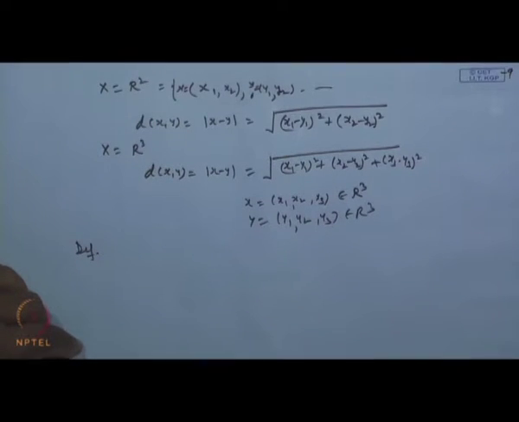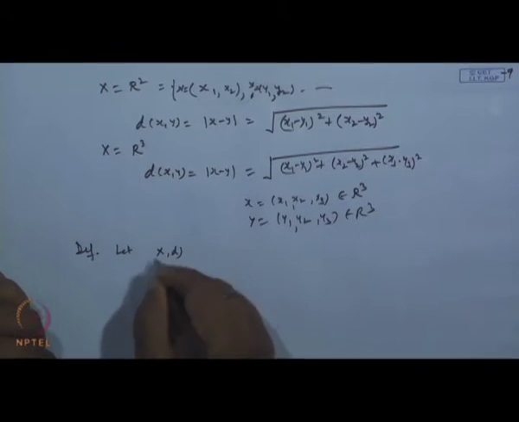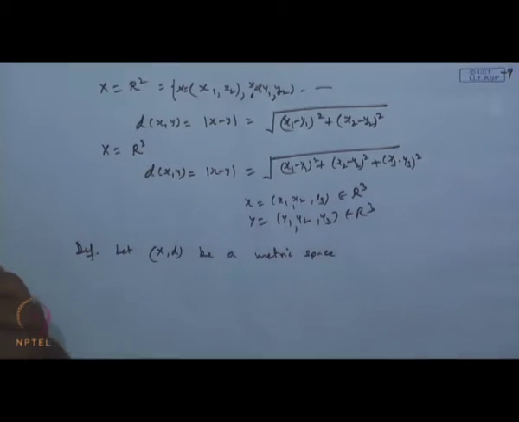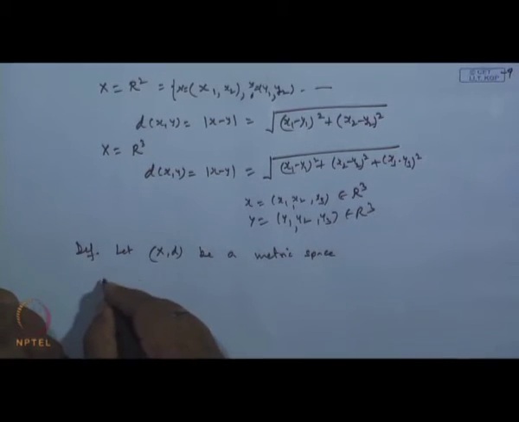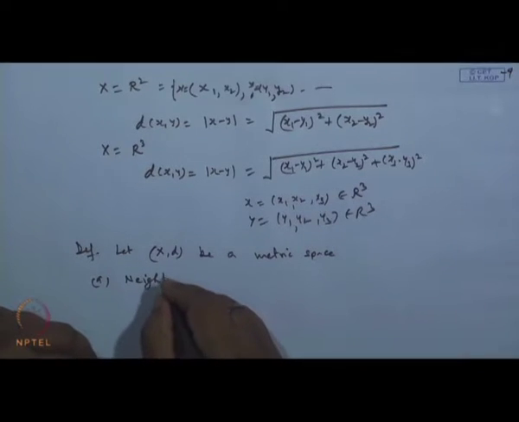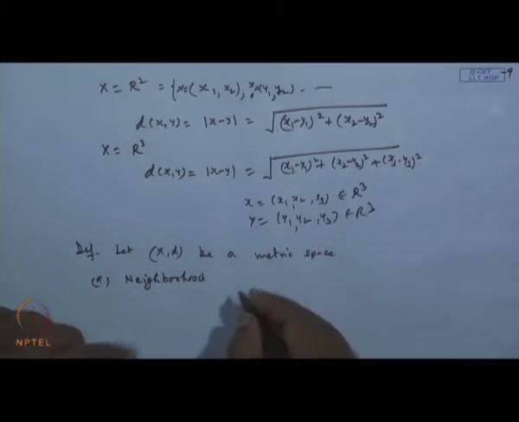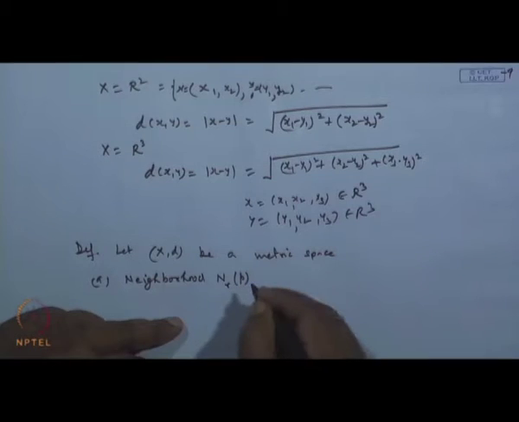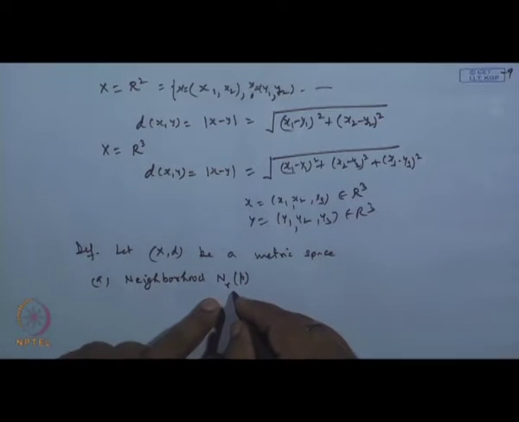So, we define: let X, d be a metric space. First definition is the neighborhood. Neighborhood, which we denote by N_r(P), that is neighborhood of a point P with radius r.